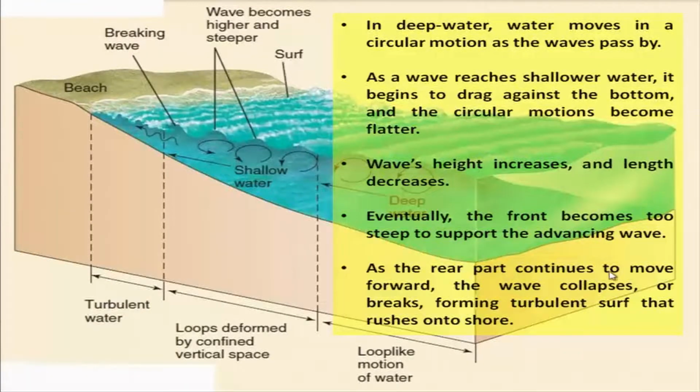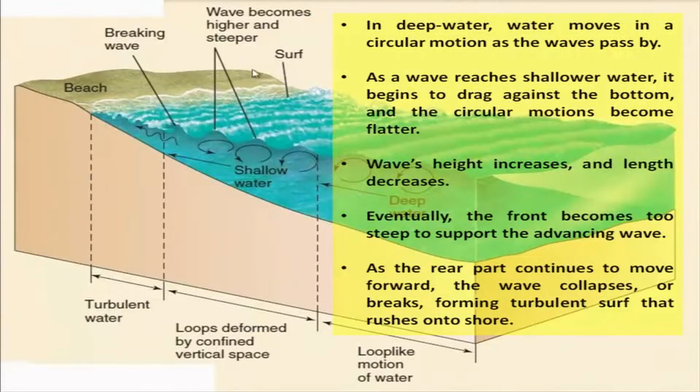As the rear part continues to move forward, the wave collapses or it breaks. So mostly the breaking wave which you will see here is because of the increase in height and decrease in length. So it will collapse, which allows the waves to break down, forming turbulent surf.